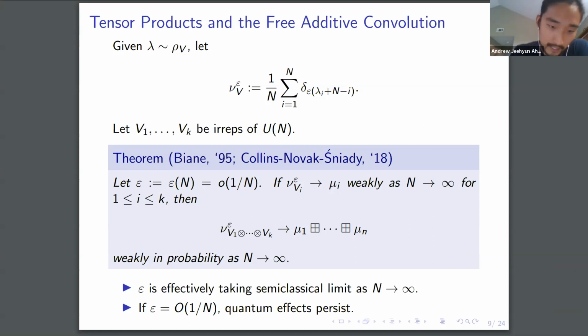One interesting thing that happens is that if you instead tune epsilon to be of order 1 over n, then something different happens. You'll see the quantum effects.